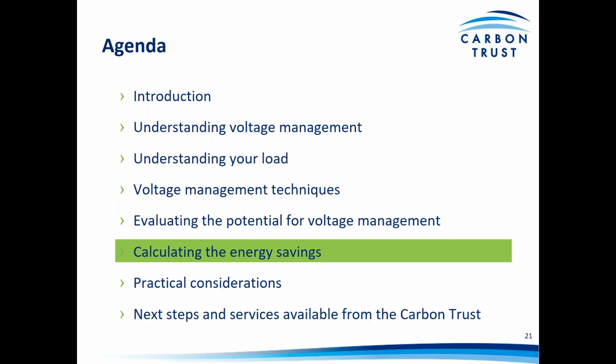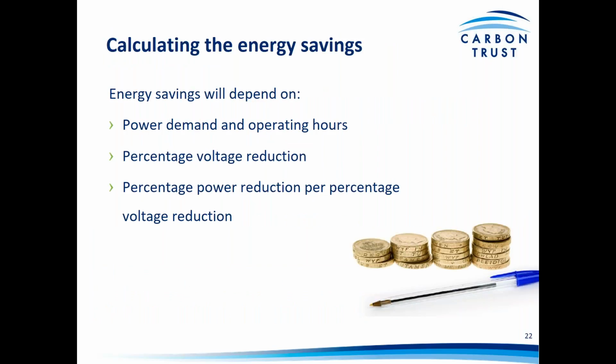So we will now have a look at how to calculate the energy savings in a little bit more detail. The energy savings that can be achieved on site will depend on three key things, those being the power demand and operating hours at the site, the percentage voltage reduction, and the percentage power reduction per percentage voltage reduction.